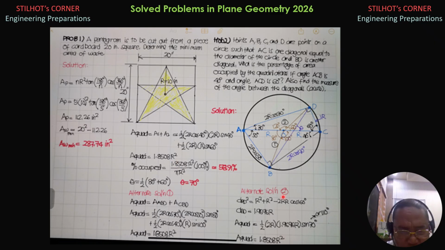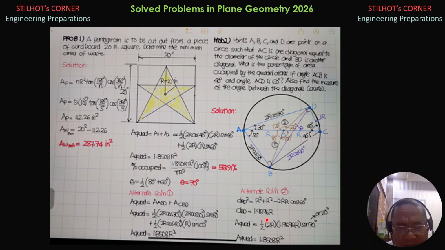Then alternate solution to the length of diagonal BD, this diagonal BD here, by considering this isosceles triangle OBD, by cosine law, diagonal BD square is r square plus r square minus 2rr, then cosine of the angle here, which is equal to 100 plus 60, 160 degrees. So it is 1.9696r.